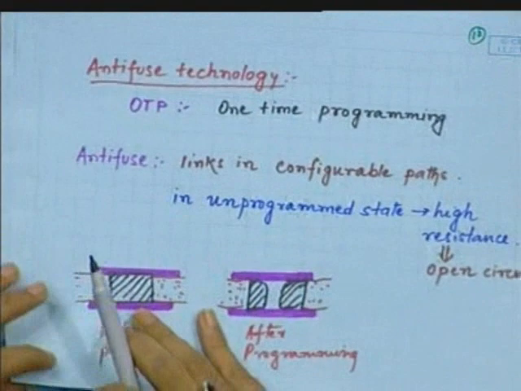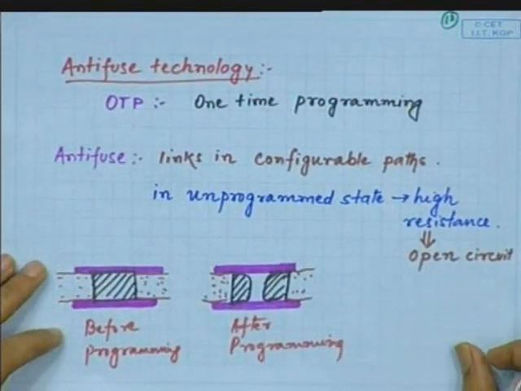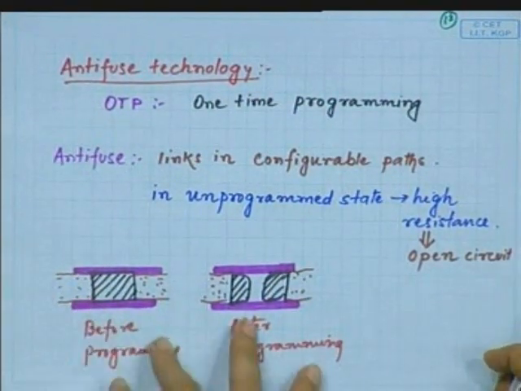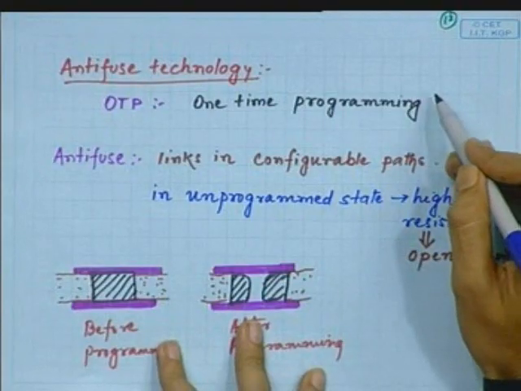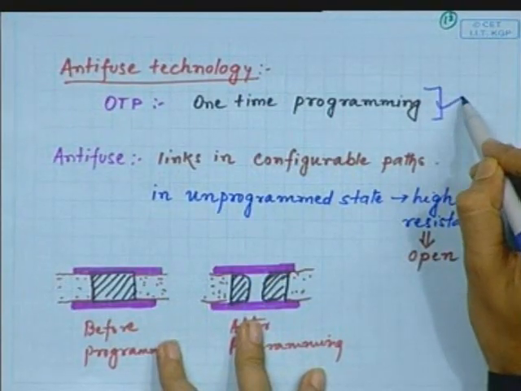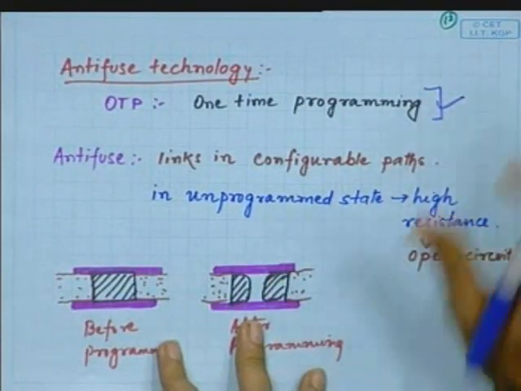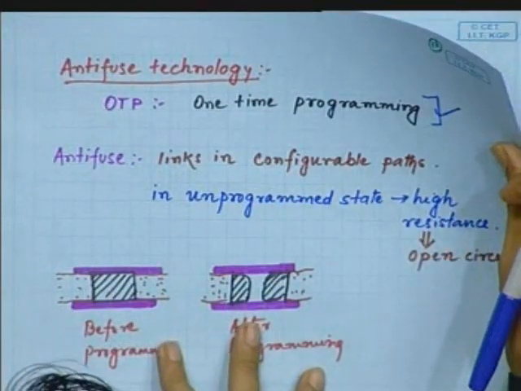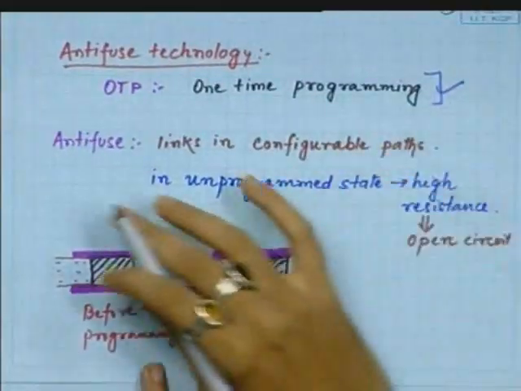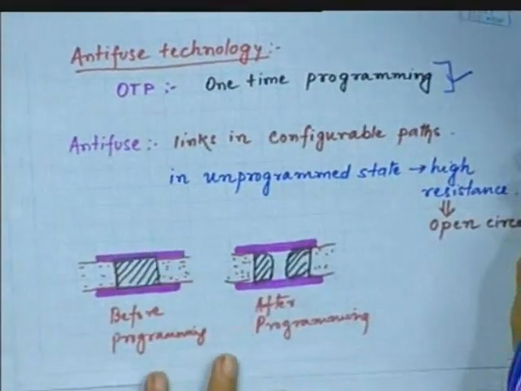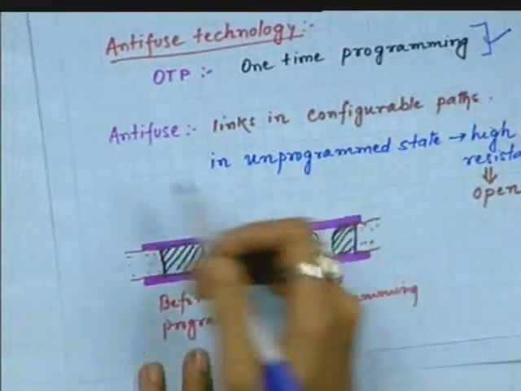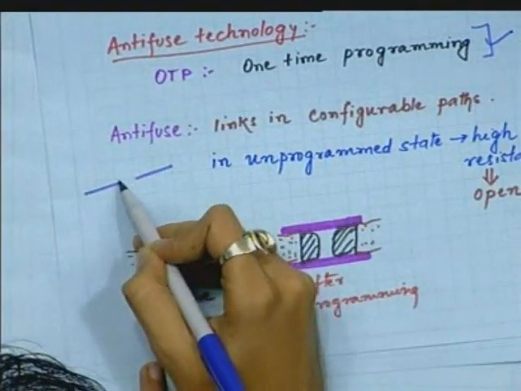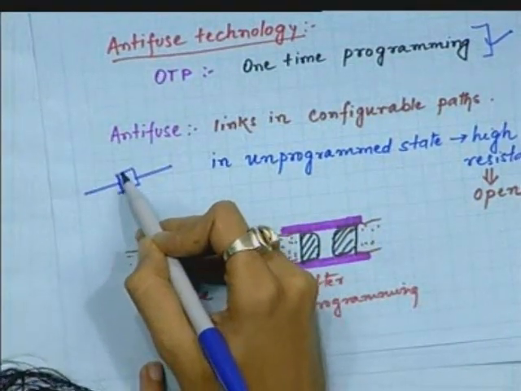Another type of programming that we have is the antifuse technology. Antifuse technology is a one time programming technique, meaning you program it once and it's over, you cannot reprogram it. So what is an antifuse? An antifuse is a link in configurable paths. Suppose this is a path, there is an antifuse here.